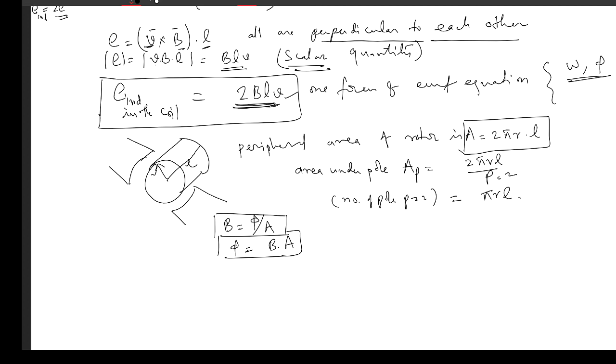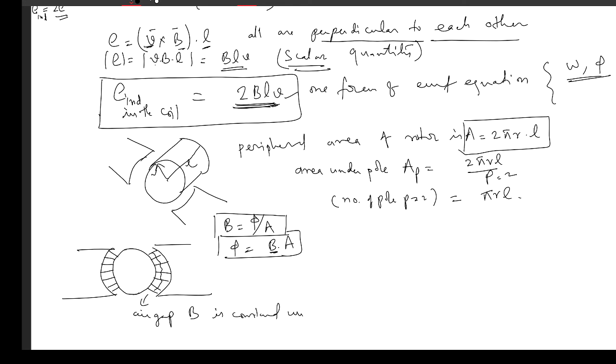Now, in the air gap the flux density is constant and uniform.